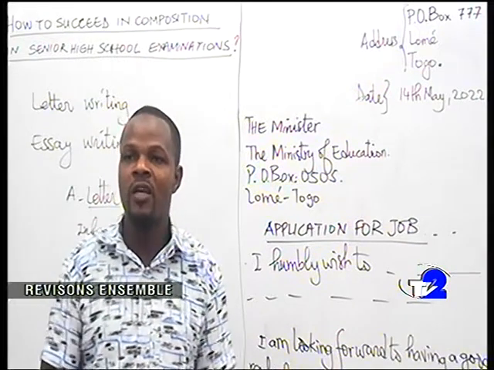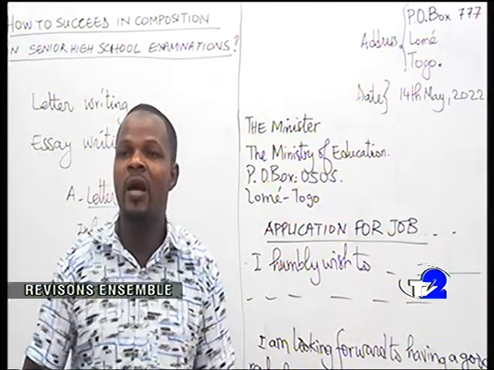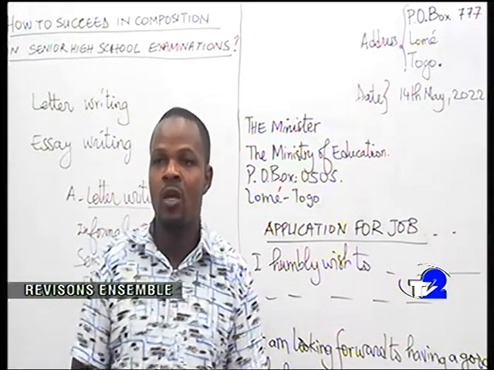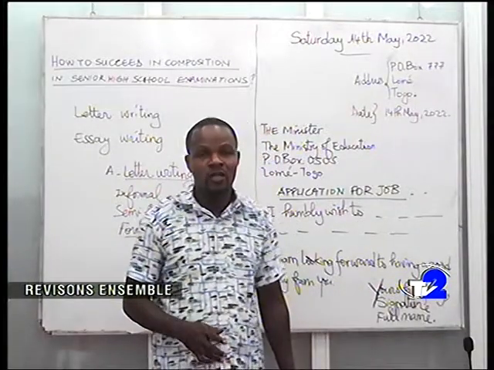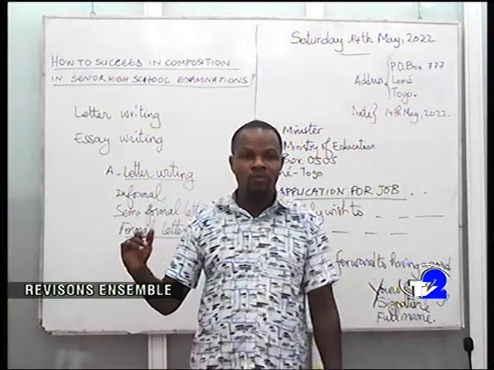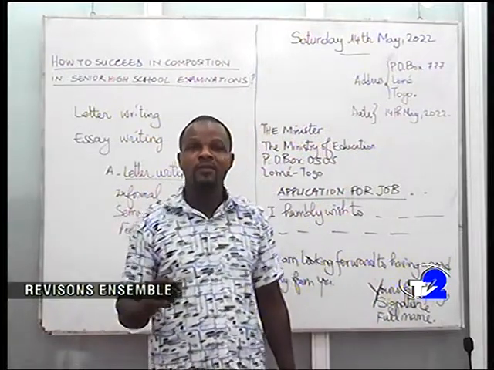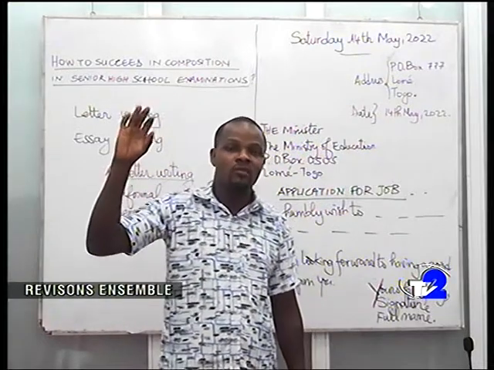In your topic, his or her name and address will be mentioned, followed by the receiver's address. So when you want to write it, you start from the address of the writer at the top side of your paper.